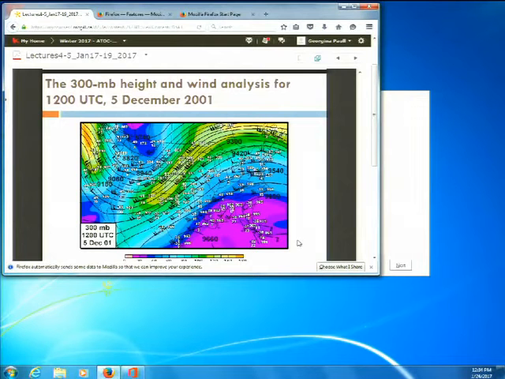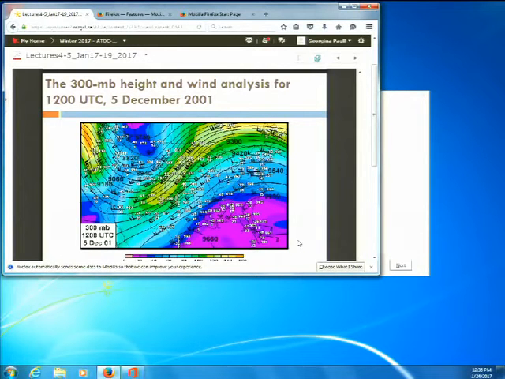Here, you have to identify which way the wind is moving. I think it's counterclockwise because the little sticks are pointed that way. This is a low pressure system, so the winds are moving counterclockwise.